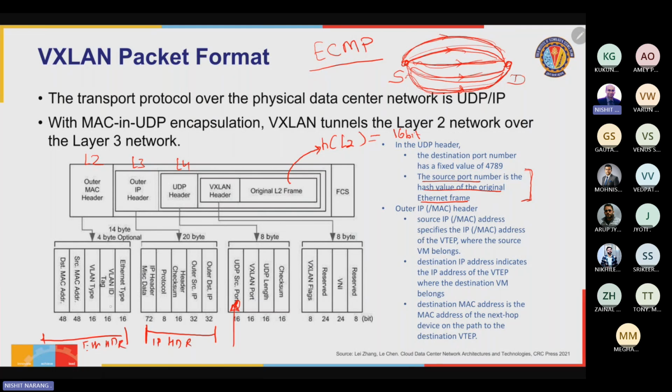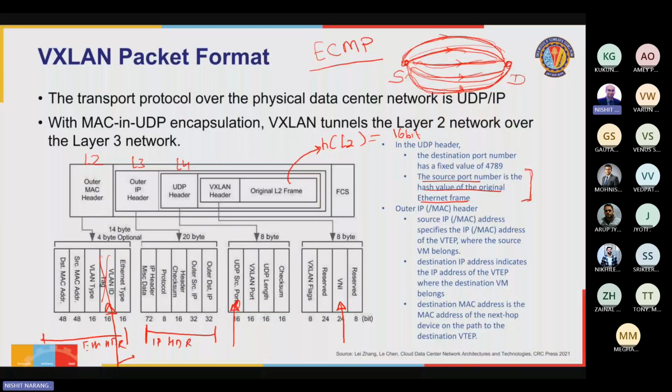If you remember, the Ethernet header also has a VLAN ID, but I don't need to use the VLAN ID in the Ethernet header because I'm actually using the VNI to distinguish between virtual networks. So I can use a normal non-VLAN Ethernet header. I don't need VLANs underneath.